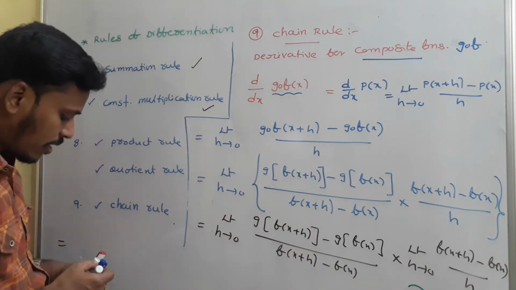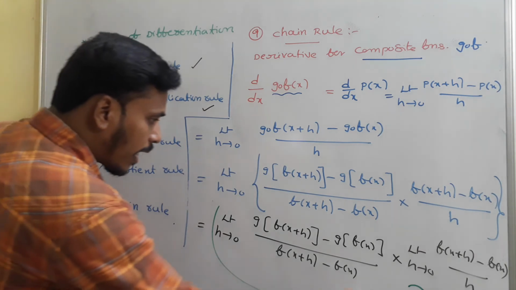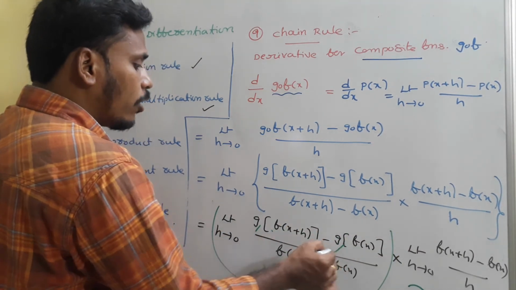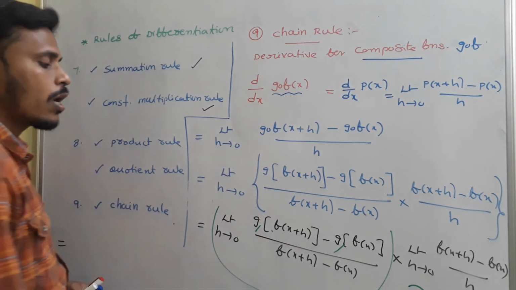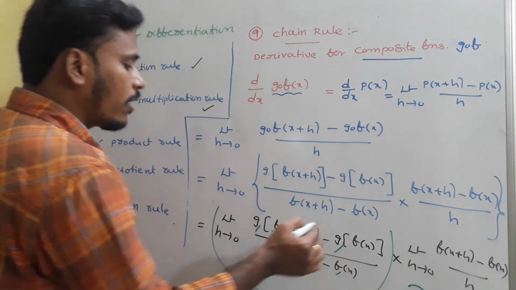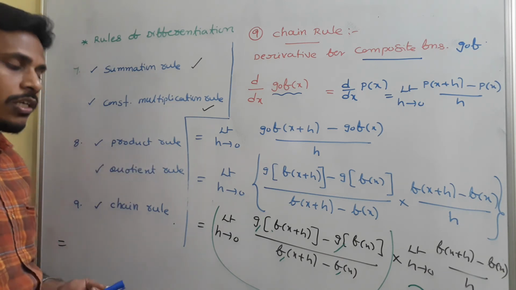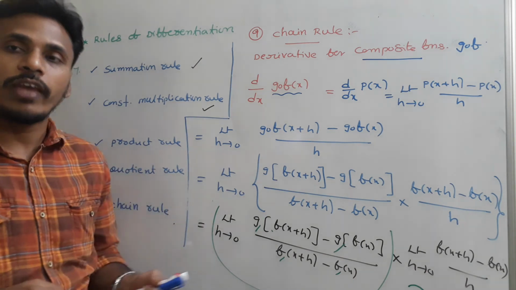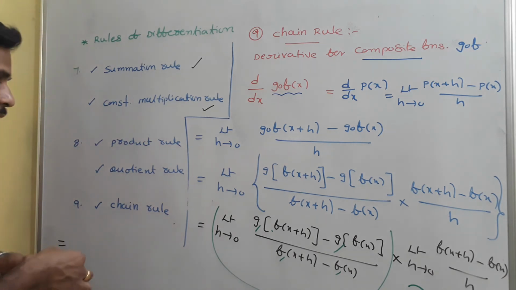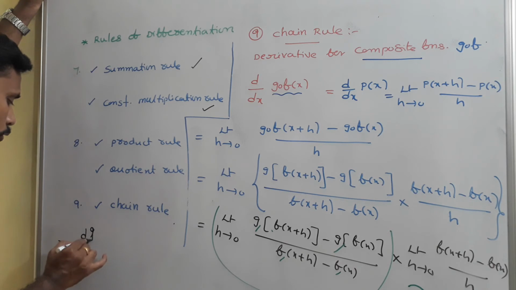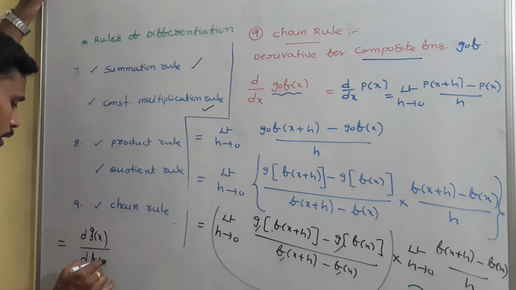Whereas if you think about this first part, the numerator is the difference between g values, and the denominator is the difference between f values. That means the numerator is the difference of g, the denominator is the difference of f, so we will write it like this: the derivative of g with respect to f of x.